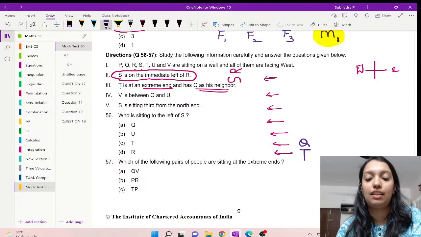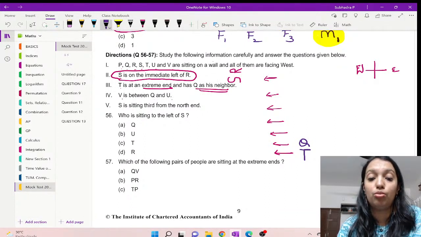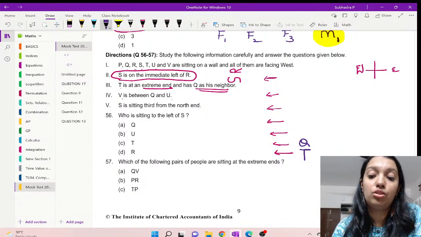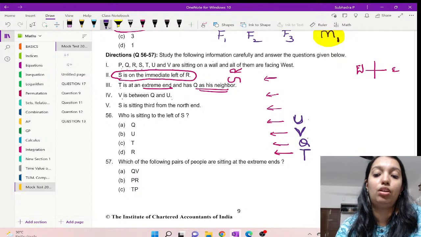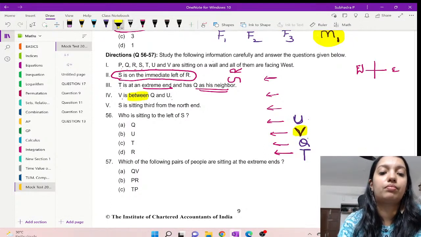Obviously T is in the end, so you can't put Q below. V is between Q and U. Okay, so V has to sit between Q and U.